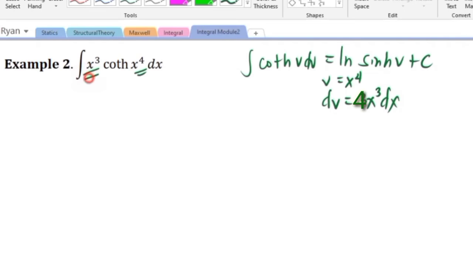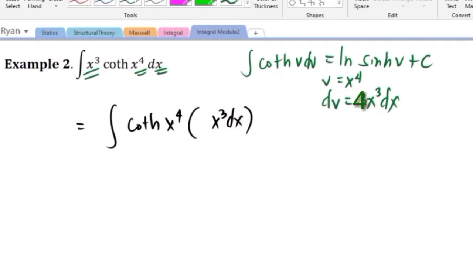So makikita natin dito that we already have the x cubed in the dx, so kulang na lang tayo ng 4. So we have, rewrite natin siya, hyperbolic cotangent to the 4th and x cubed dx. So we multiply 4 dito sa loob and we multiply the reciprocal sa labas, which is 1/4.